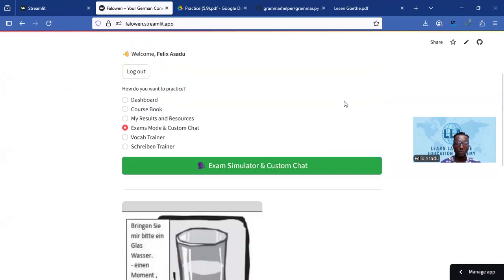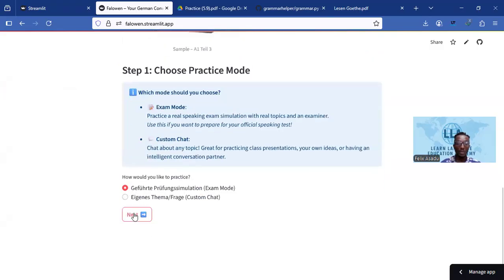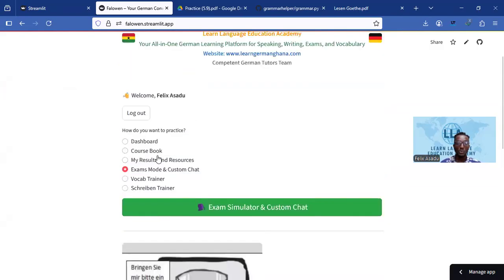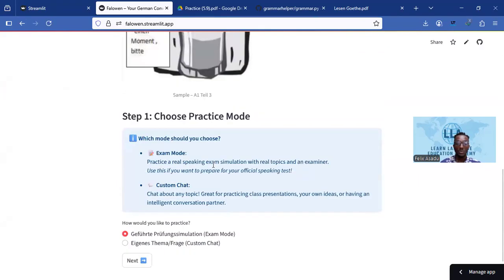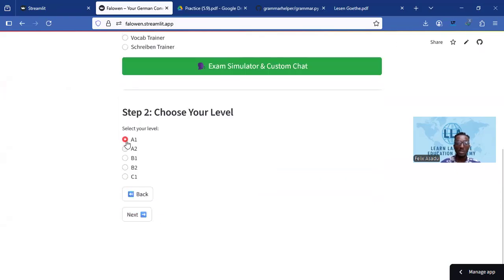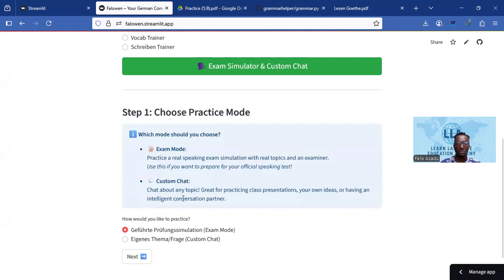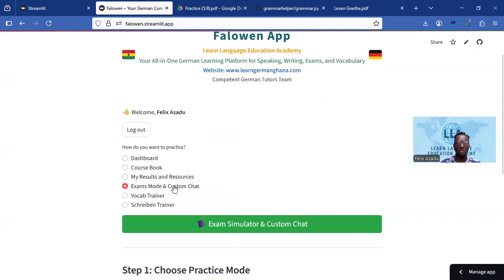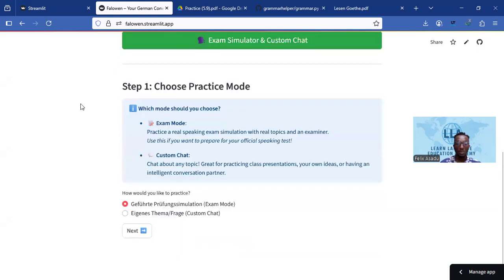So when you open the follow-up, you come to exams mode and custom chat, right? Then you go to next and you select A1, right? So if you click exams mode and custom chat here, you are going to get this information down here.